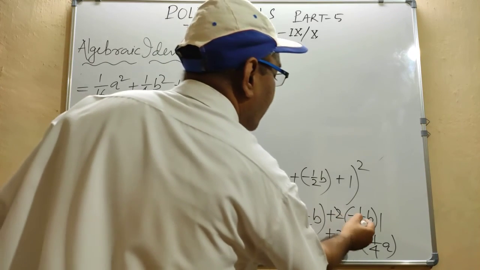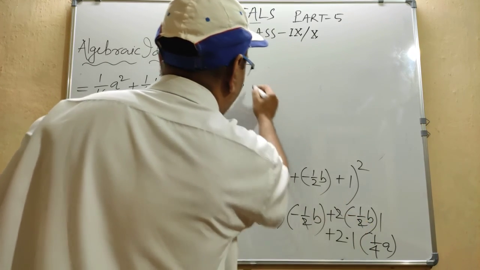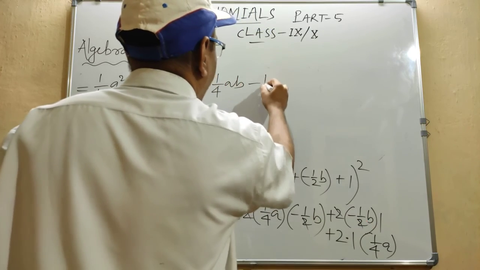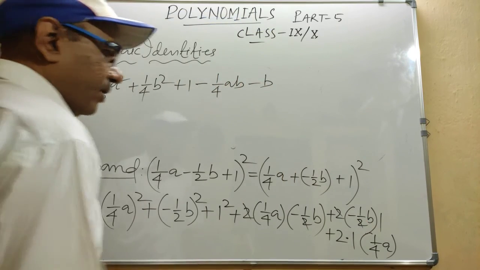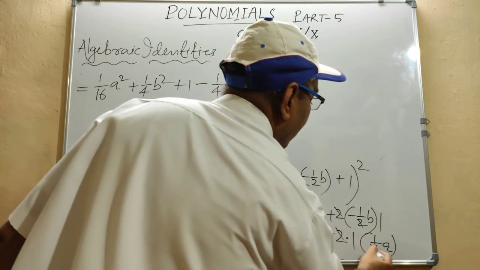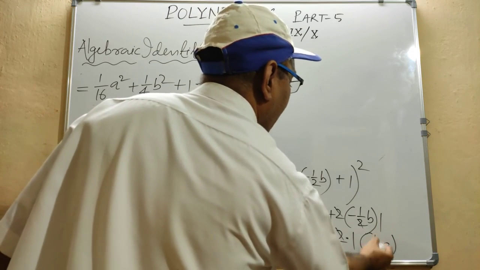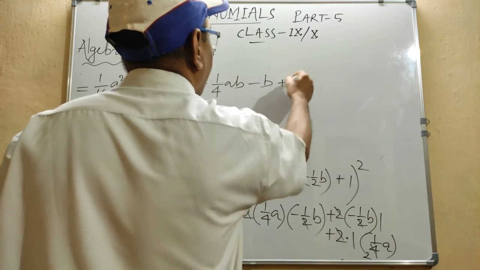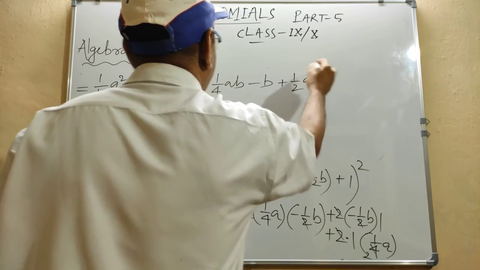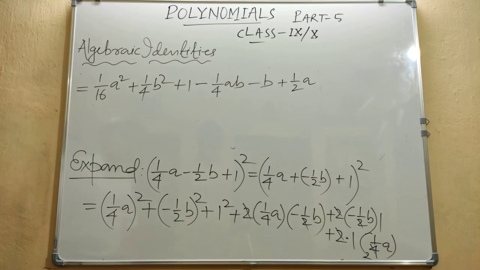Now this 2 can be cancelled, minus, so this sign will become minus, b into 1, b simply, and here 2 2 ja 4, so it is half a plus half a. This will come after simplifying. Okay, so in this way we can expand it by using a plus b plus c whole square.